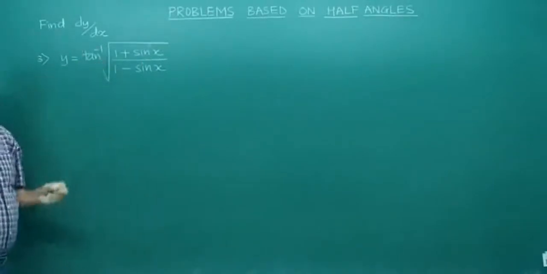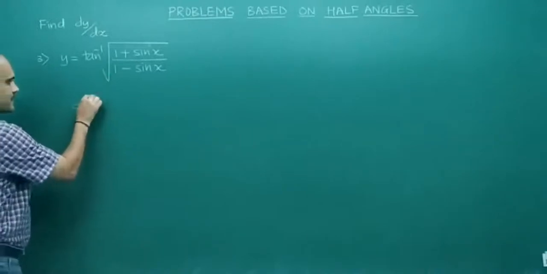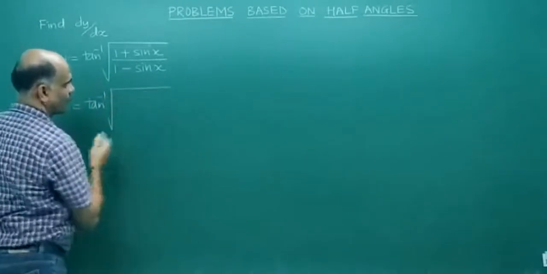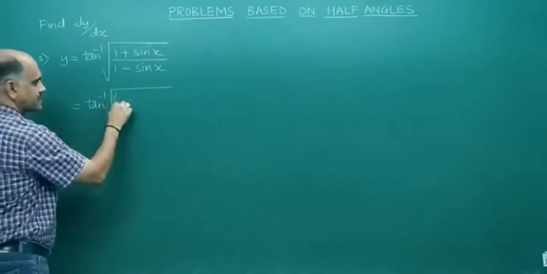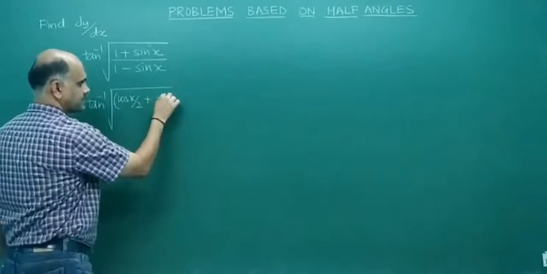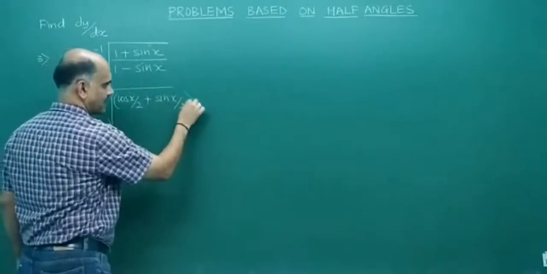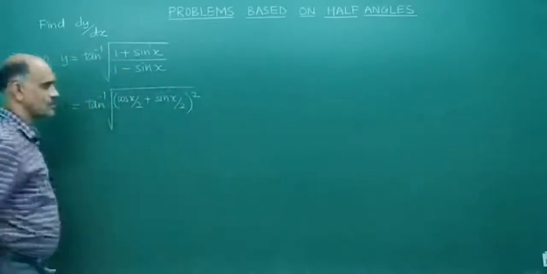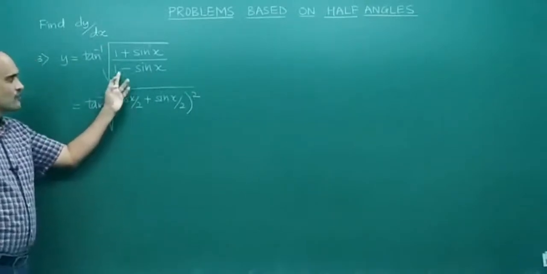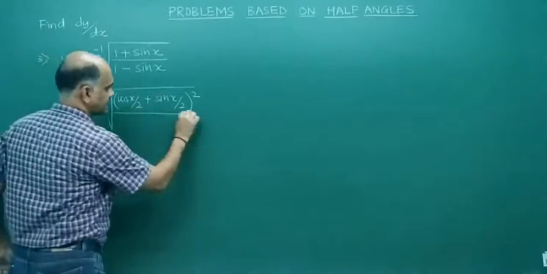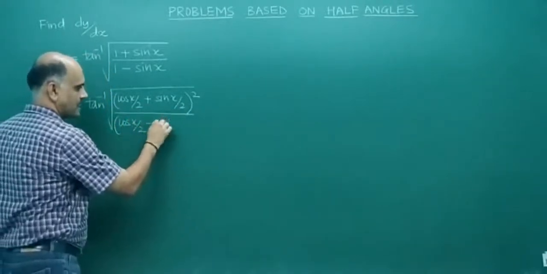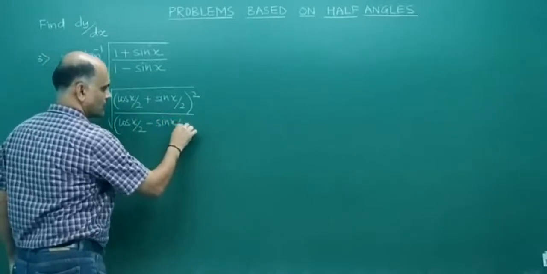Okay. So if you apply formula to the numerator, tan inverse root of 1 plus sin x is (cos x by 2 plus sin x by 2) bracket square. 1 minus sin x is (cos x by 2 minus sin x by 2) bracket square.